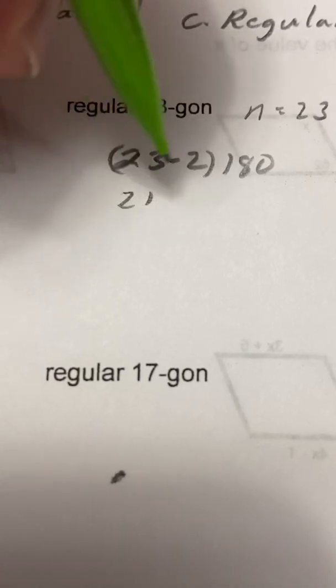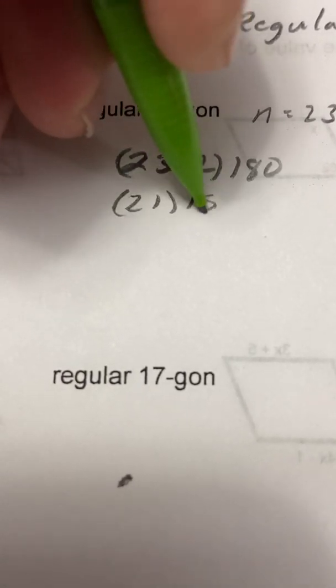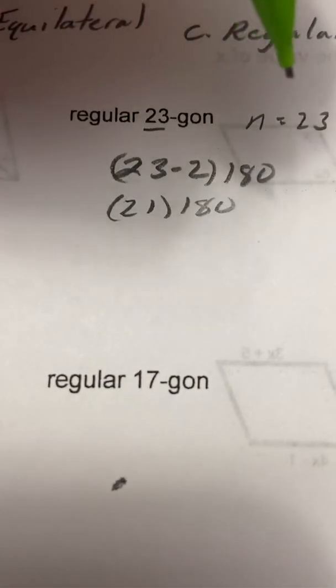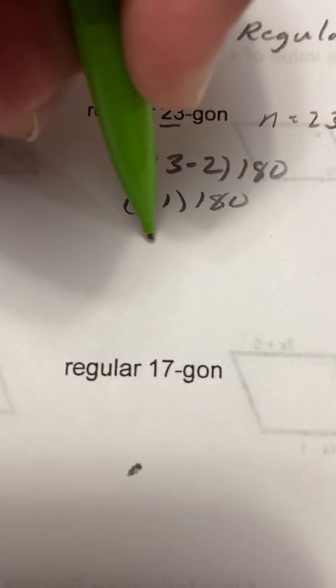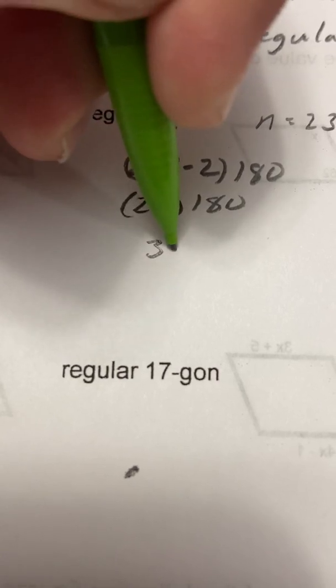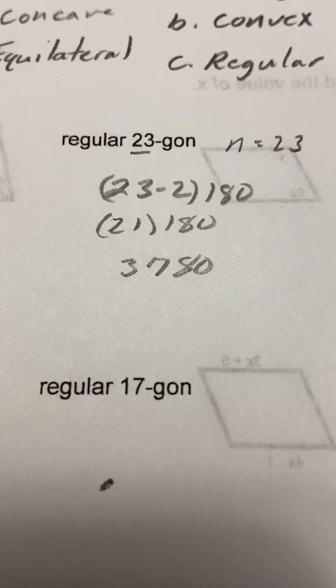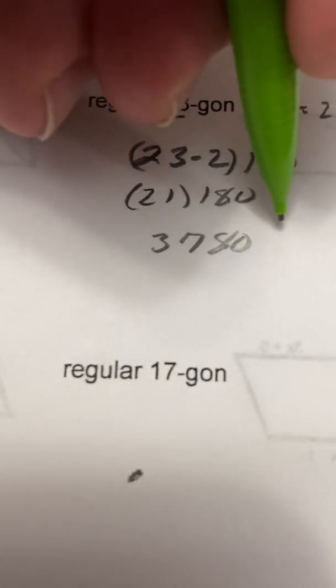That's going to be 21 times 180. And if we do the math there, 21 times 180 is going to be 3,780. And that's degrees.